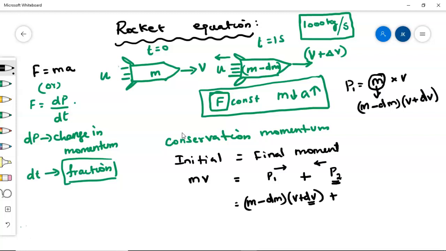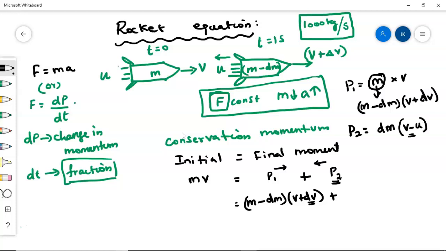Plus p2, the momentum of the fuel. The amount of mass of fuel is being reduced, a constant mass of fuel in every second. So what is the velocity? This velocity is v minus u.